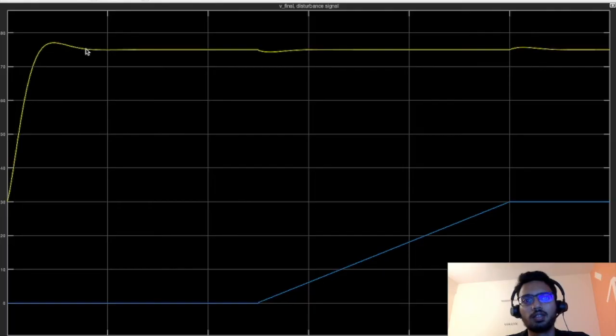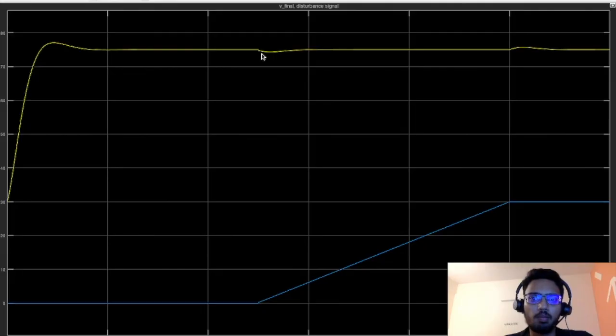This is not desired in an ideal cruise control system, because this could come as a safety issue, because in any case the speed should not go beyond what the driver has set. In a simulation this is quite feasible, and here we can see that at 125 seconds, as the disturbance signal begins to rise, the value of V disturbance begins to rise from 0.